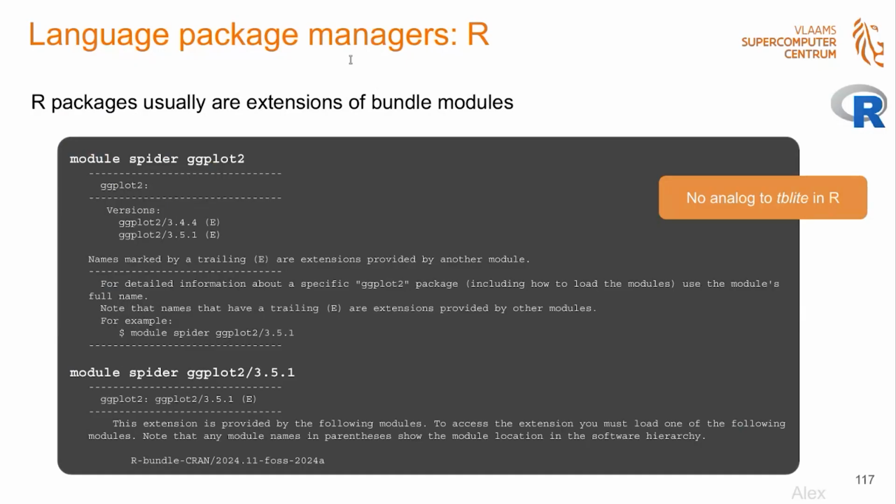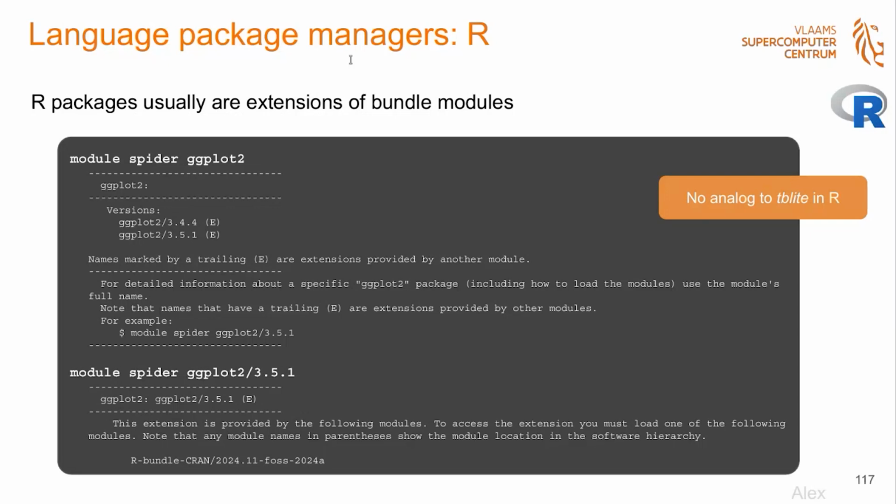To look for R packages, since they are in bundles, to find them by name you can use the spider subcommand of the module command. That's because the thousands of packages that are in the bundles are listed as extensions of those modules. So you can, for instance, try to find the ggplot2 R package, which is a common one. The module command will tell you which versions are available as extensions.